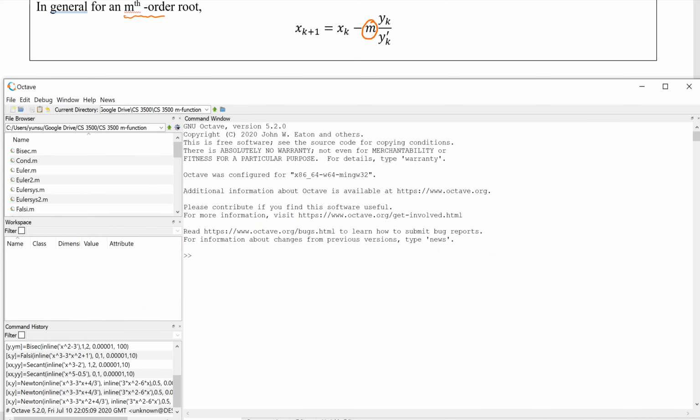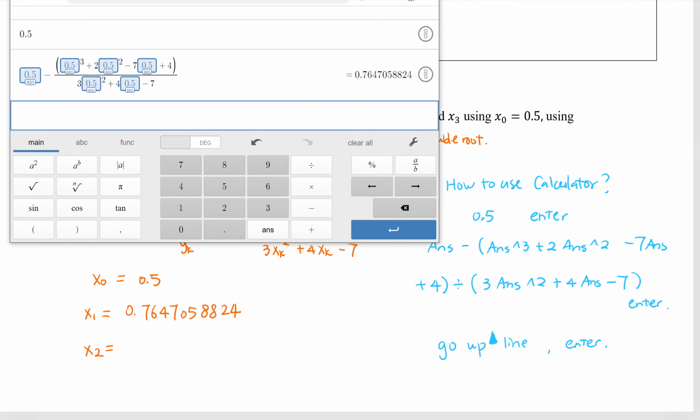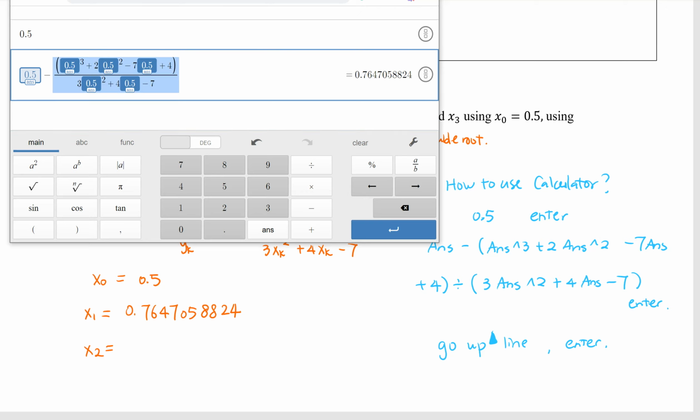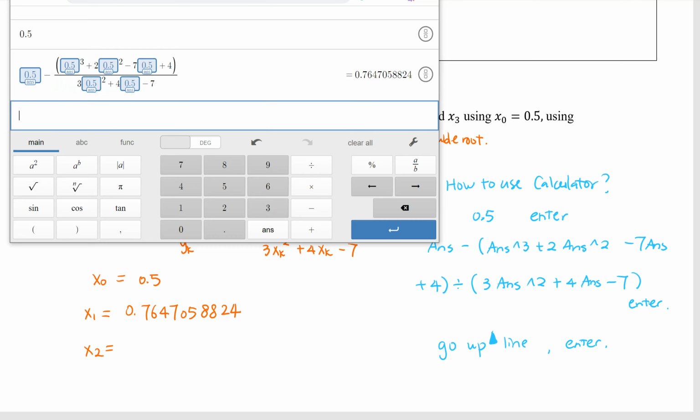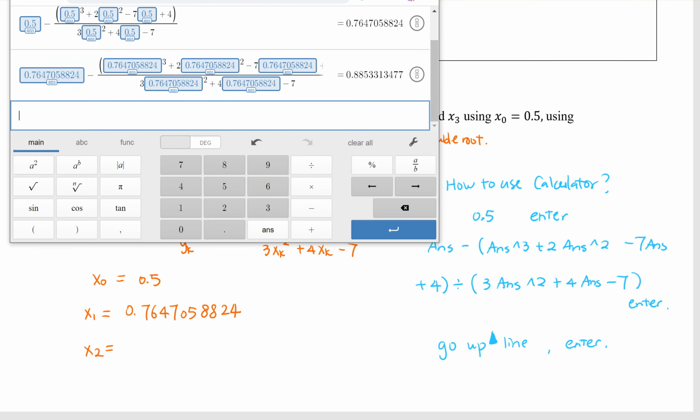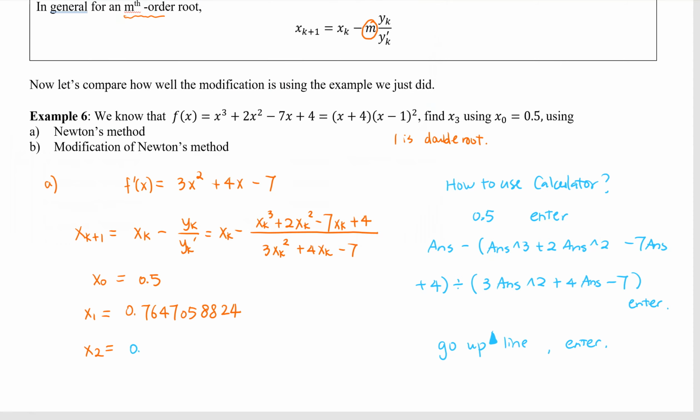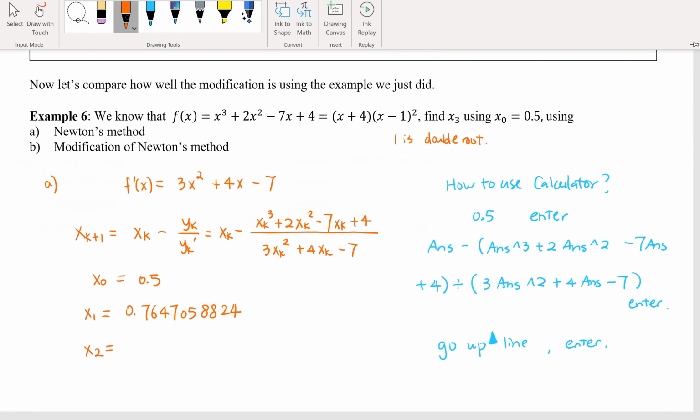With this online calculator, I don't have a go-up button, but I can do copy and paste. You see, this is 0.885331347. Let me change back to my orange color.